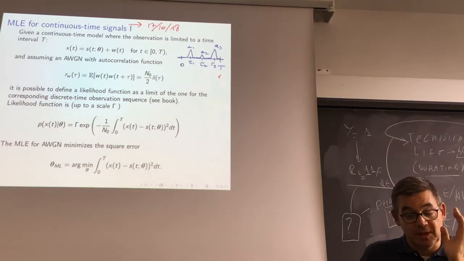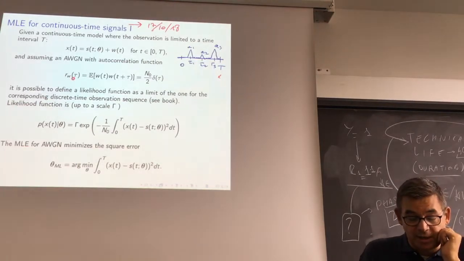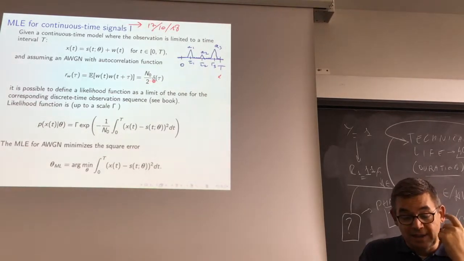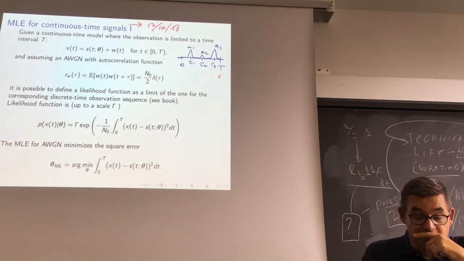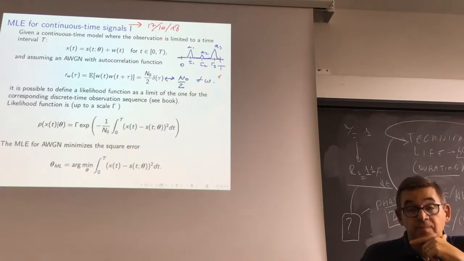Remember, the power spectral density is the Fourier transform of the autocorrelation. So since it is white, the autocorrelation is a delta. Now this delta is a continuous time delta. Now the power spectral density is just a constant. So it is N0 divided by 2, for any frequency.